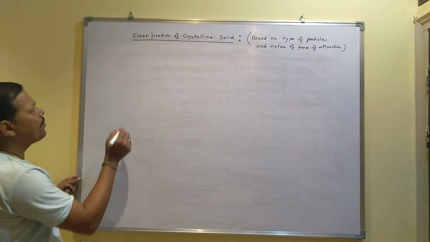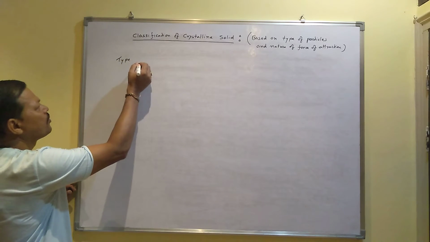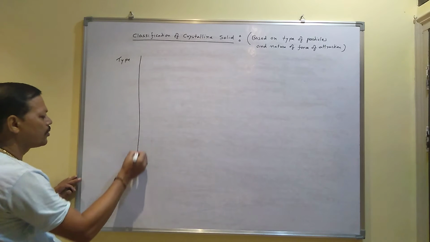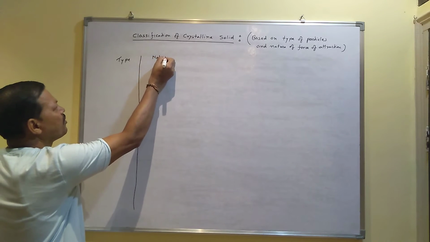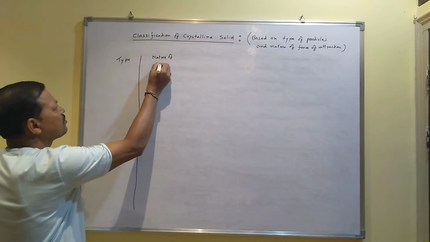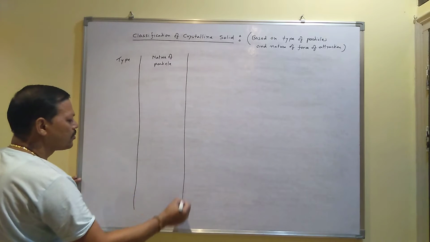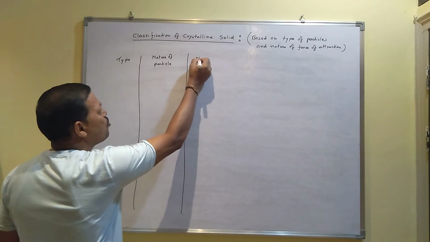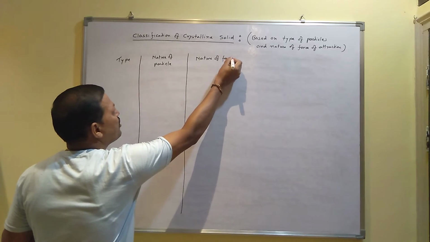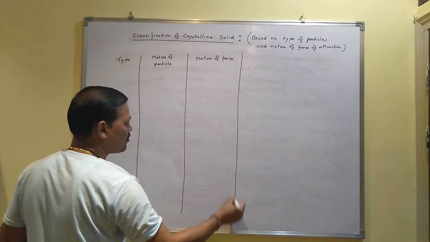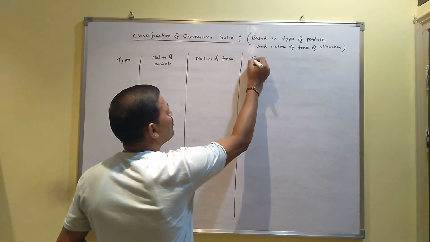I'll make one table: type, then nature of particle, then nature of force between the particles, then example.